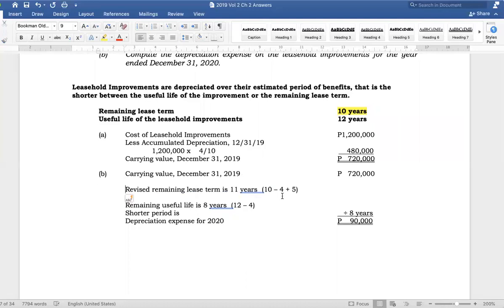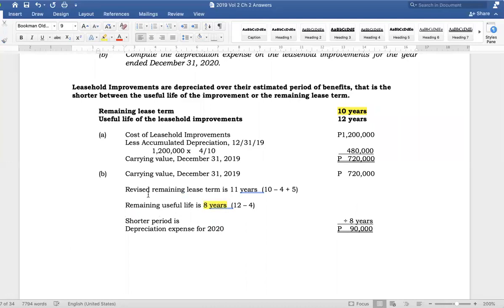So your remaining lease term is 10 minus 4 prior years plus extension of 5. Therefore, that is 11. Whereas the remaining useful life of the asset is 12 minus 4. Therefore, the shorter period now is 8 years.